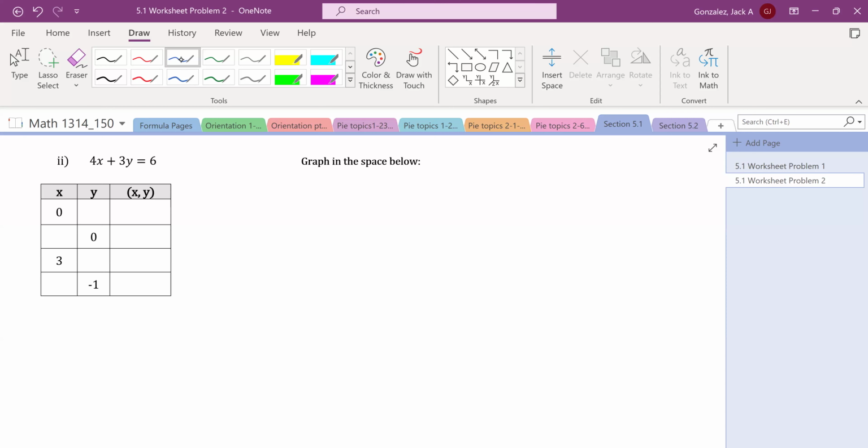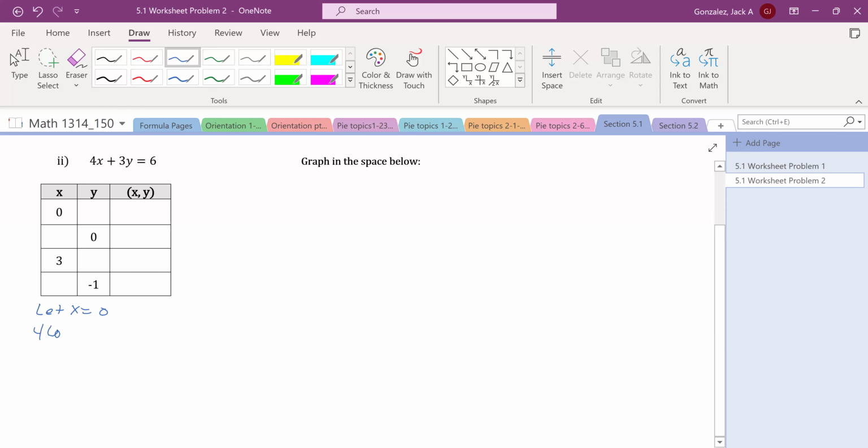So again, if X is 0, that piece is pretty much gone. So if you're left with a 3Y, divide both sides by 3 and you're done. So that should work. So X equals 0.